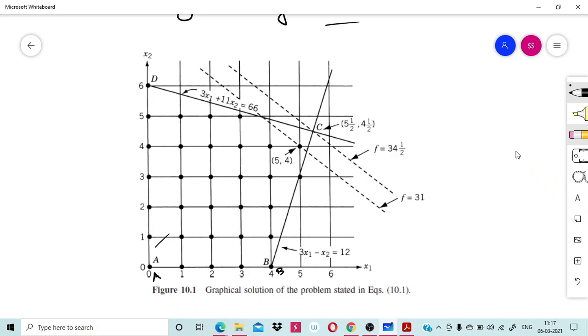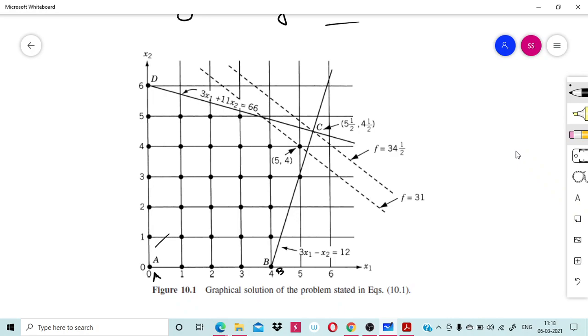In Gomory's cutting plane method, what we are doing is finding the all-integer optimum solution, which results in an integer value of f.